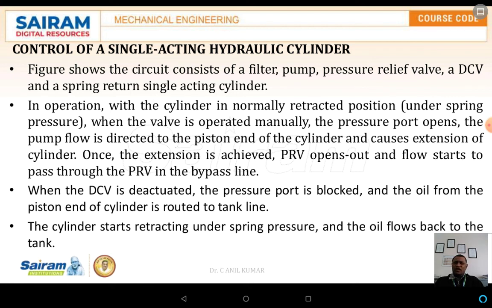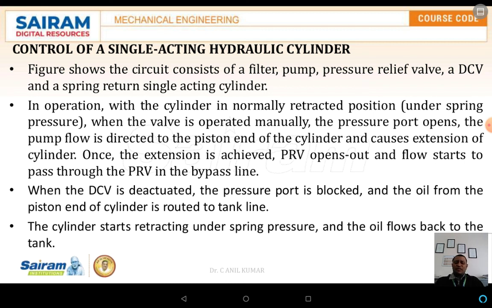When the valve is operated manually, the pressure port opens and the fluid starts flowing into the cylinder. Once the fluid flows into the cylinder, pressure is developed on the piston, and the piston starts moving.